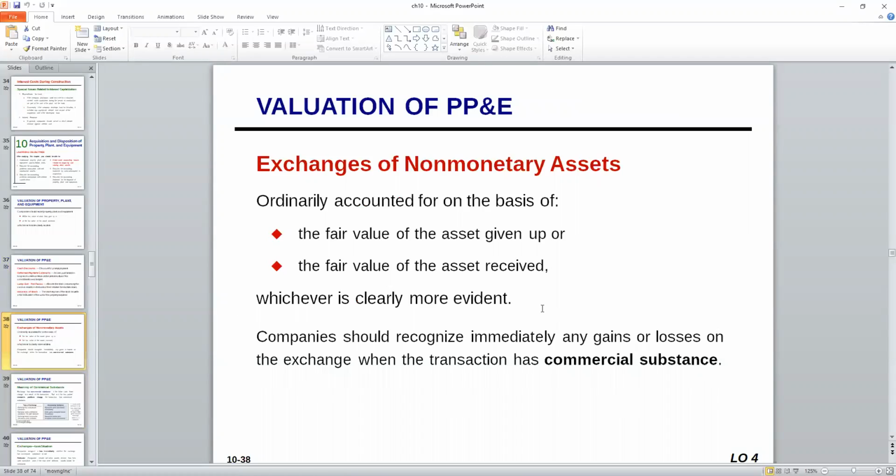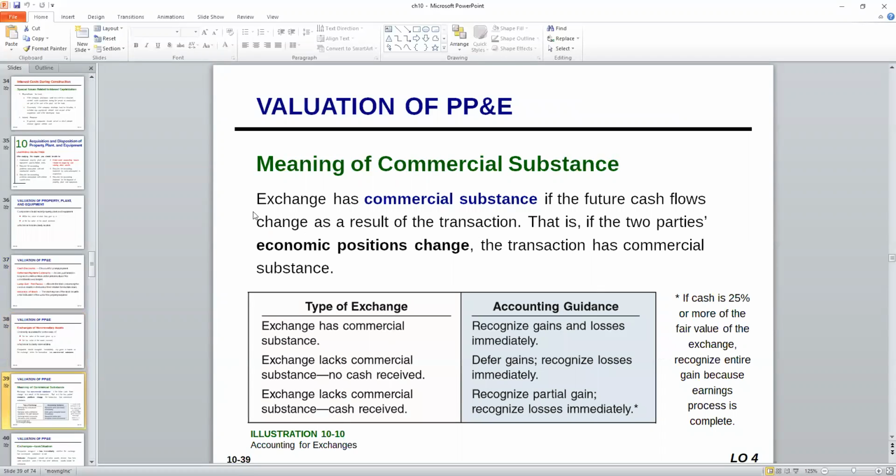The other thing is this term commercial substance. Companies should recognize immediately any gains or losses on exchange when the transaction has commercial substance. Let's take a look at what that means. An exchange has commercial substance if the future cash flows change as a result of the transaction. Cash flows are a very important issue when we look at an issue called impairment, which we'll look at in the next chapter.